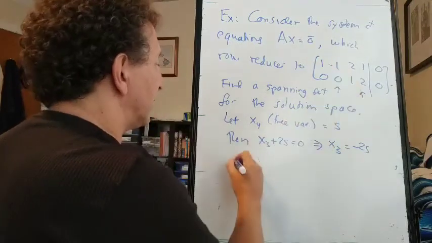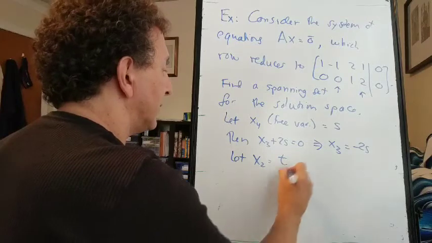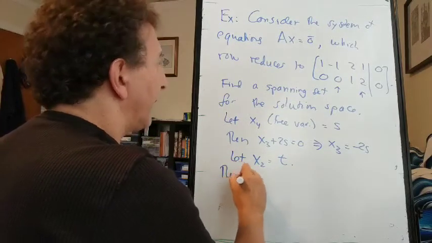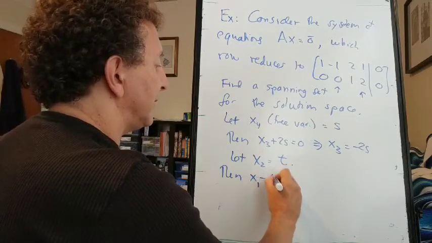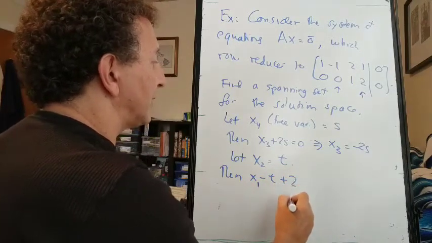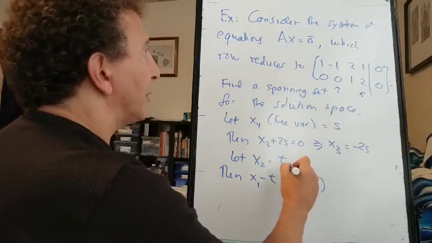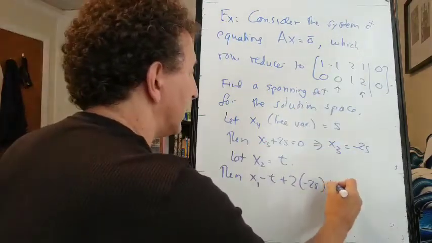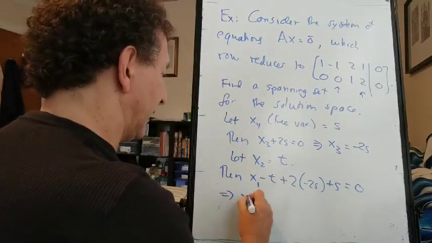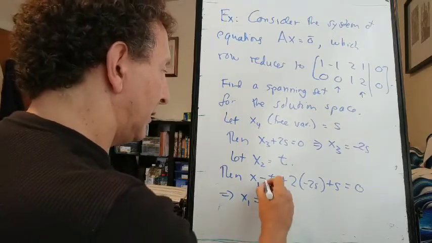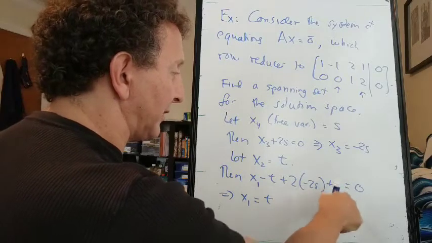Then free variable here, we'll let x2 be t. Then the first equation says that x1 minus t plus 2x3, 2 times negative 2s, plus x4, which is s, equals 0. And that means that x1 equals, we'll put a t on the other side, and then we've got minus 4s plus s.